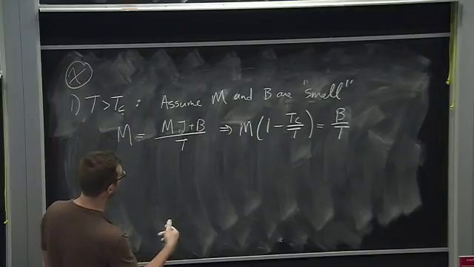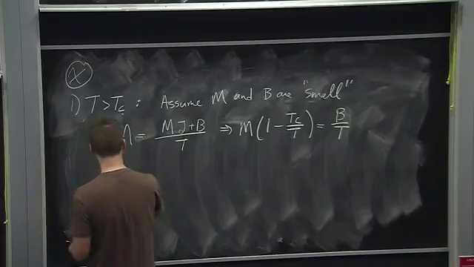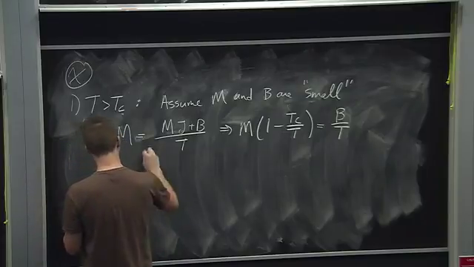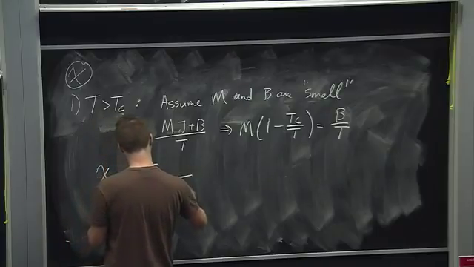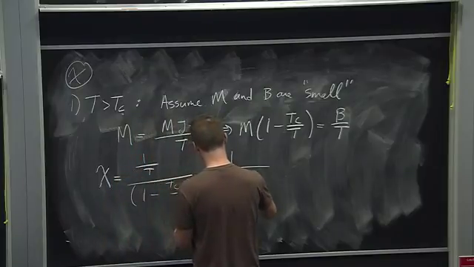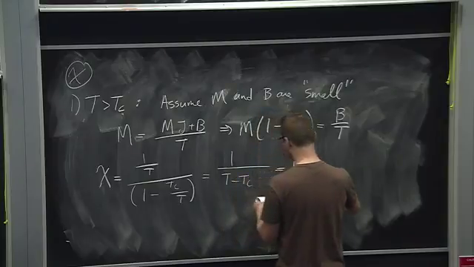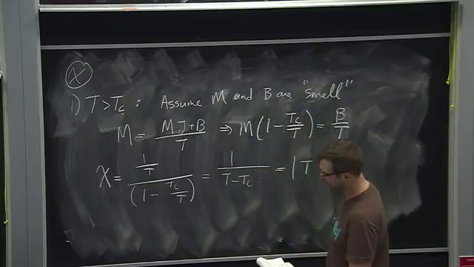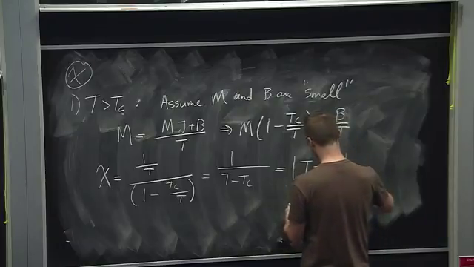So that is the thing that I need to take the partial derivative of with respect to B. All right, so that gives me a susceptibility, which I'll write like this: absolute value of T minus Tc.